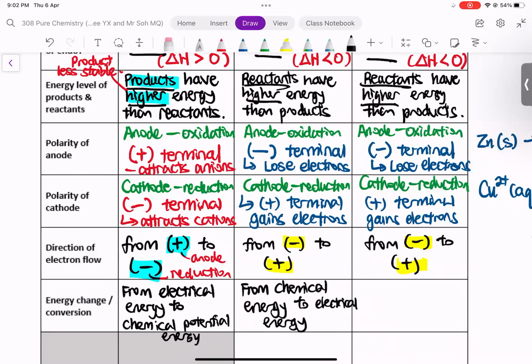The simple cell is used to generate, produce electricity. That means the ending must be electrical energy. You are producing electricity. That means the energy is converted to electrical energy. Same for the fuel cell, because the fuel cell is actually a type of electric cell.